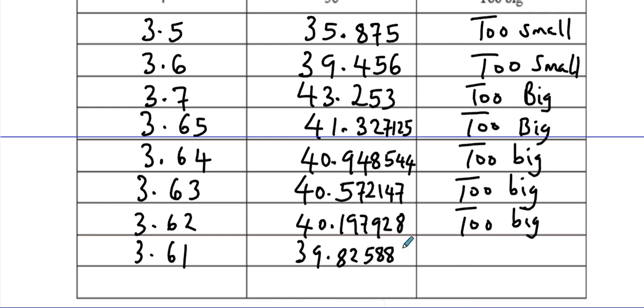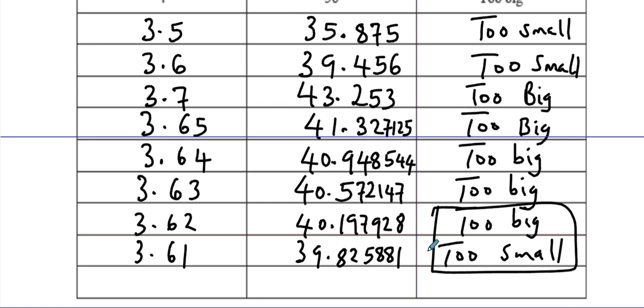Okay, 81. We got the number which is too small. So too big, too small. This is a contradiction, which means we have to stop over here. And then our answer will be between 3.62 and 3.61.